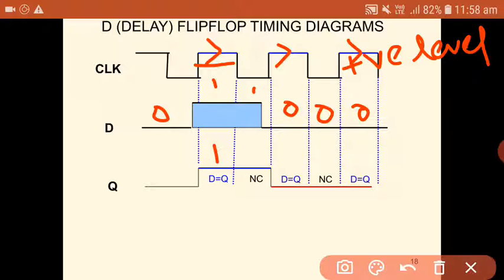But before the second clock pulse is applied, the D input becomes 0, so the output becomes 0 again at this instant of time, and that will be continued until the next clock pulse is applied. Whenever the next clock pulse is applied, at that instant of time, since the D input is 0, the output again follows the same D input. So this is the explanation of the timing diagram of a D flip-flop.